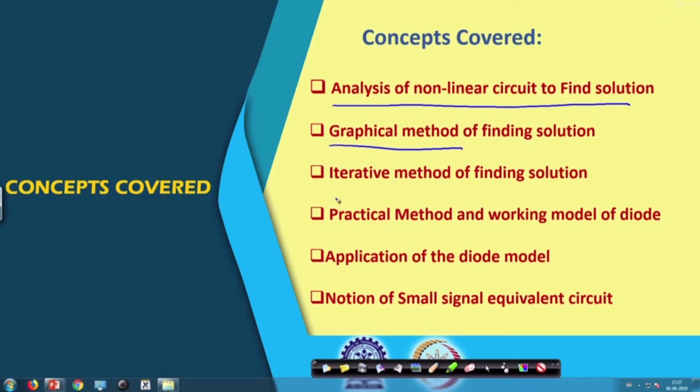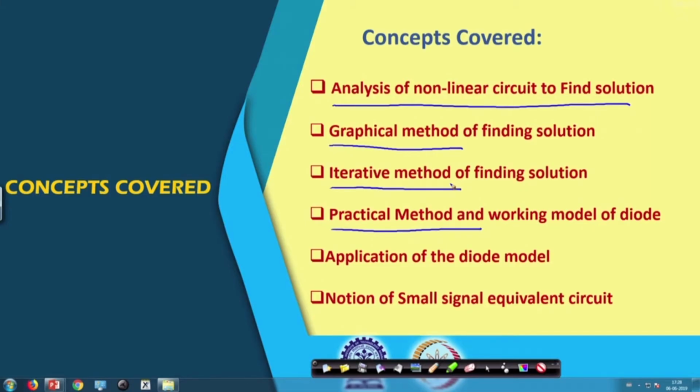Then we will be covering the iterative method, which is finding a numerical solution of a given circuit with known parameters, and then we will be moving to practical methods. Typically this nonlinear iterative method to find the numerical values may be used with computer programs or a circuit simulator, but for hand analysis that may be a bit clumsy, particularly when the circuit grows.